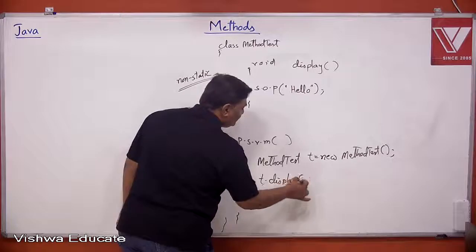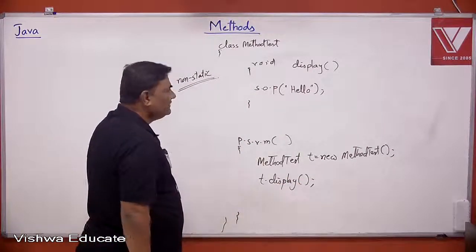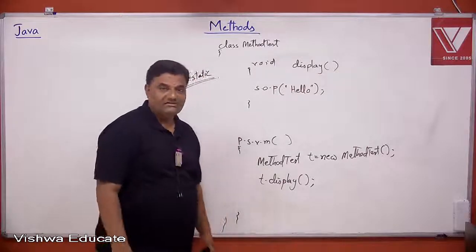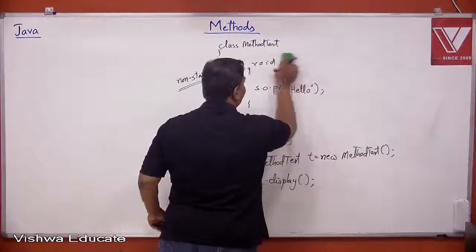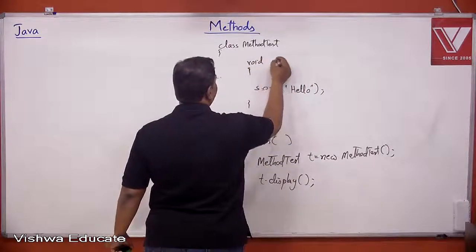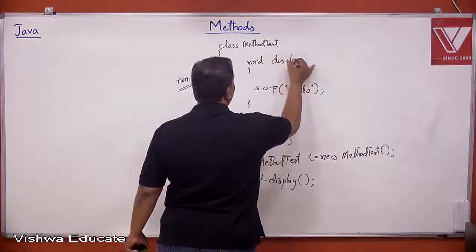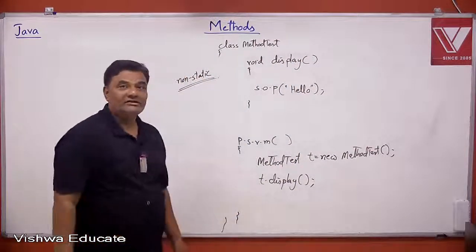You have to create an object of the class, then call the method. Directly you cannot call this one because it is a non-static method. Void display.